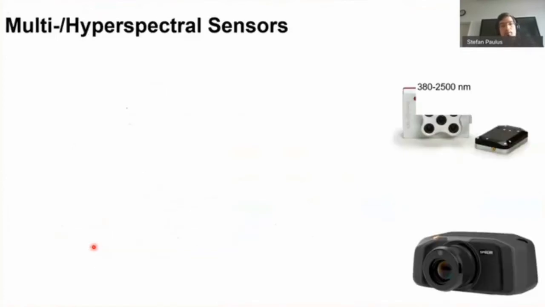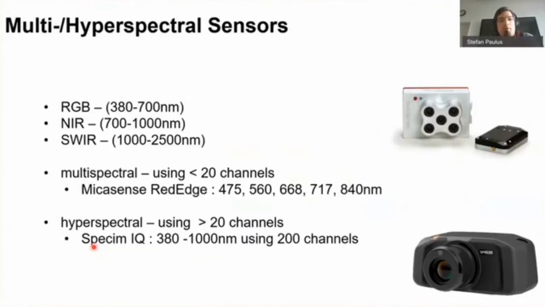Okay, so what are we using in agriculture to get multi or hyperspectral images? When we talk about multispectral in this field, we have a camera that is able to measure the NIR plus the visible area, and it uses up to 20 channels.